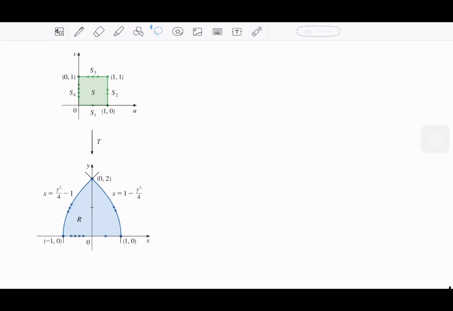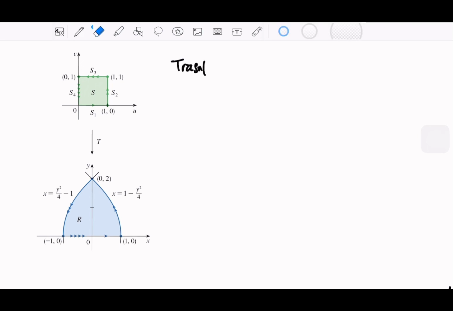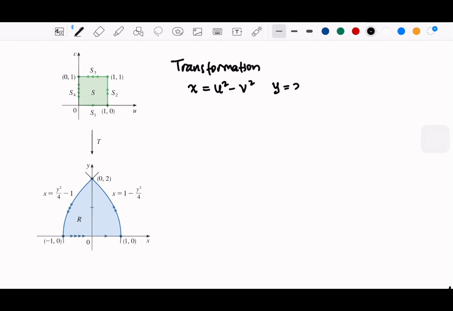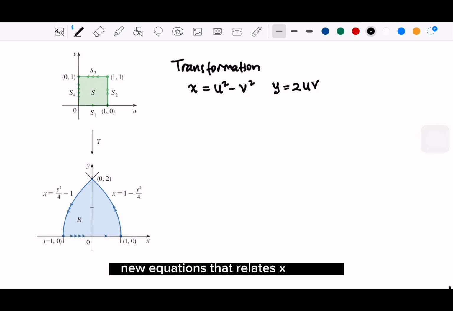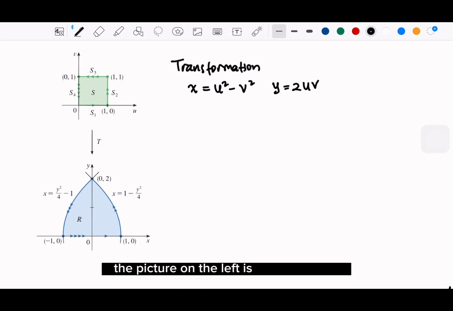Okay, now if we define the transformation, let's say this is our new equation that relates x, y to u, v. Okay. The picture on the left is the illustration of what we have.